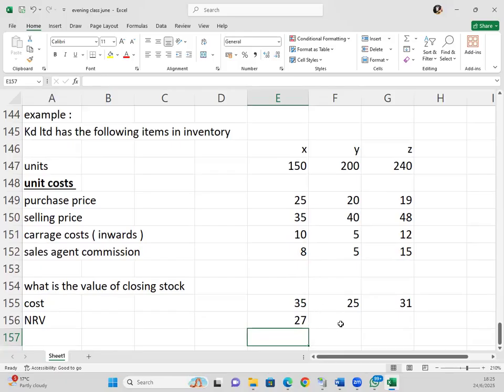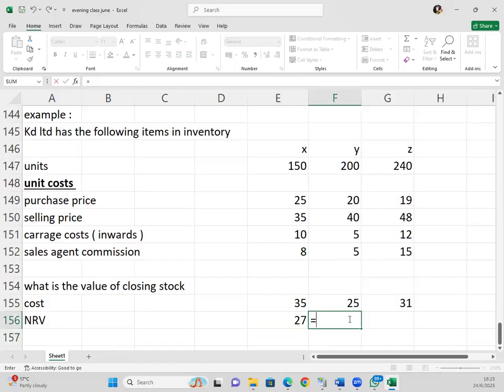We come to Y. We again calculate our net realizable value. The selling price for Y is 40, minus the selling cost, which is the sales agent's fee. So we remove the selling cost and get our net realizable value. We come to the last one.